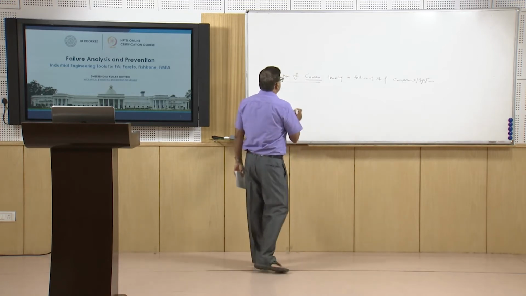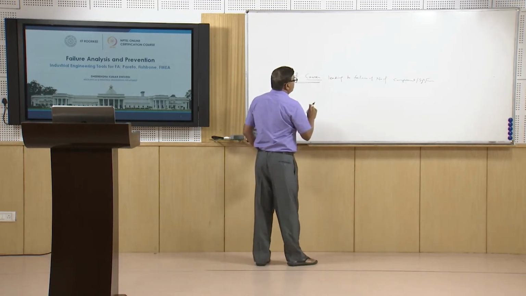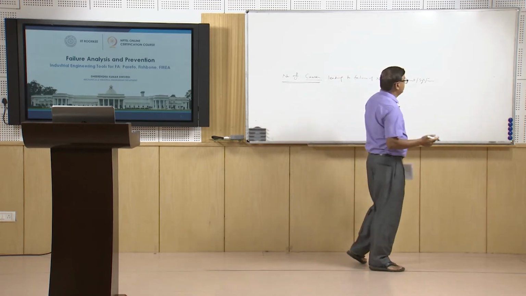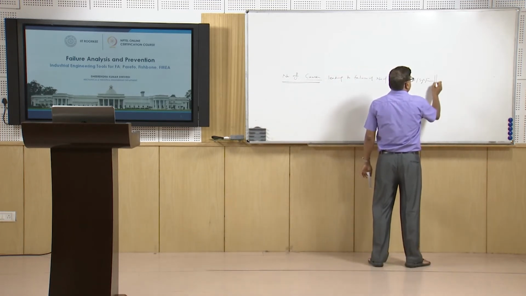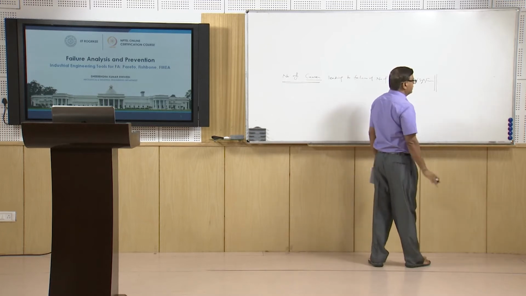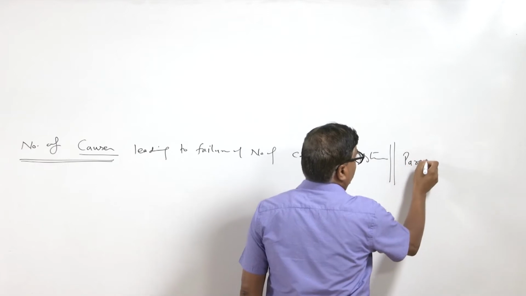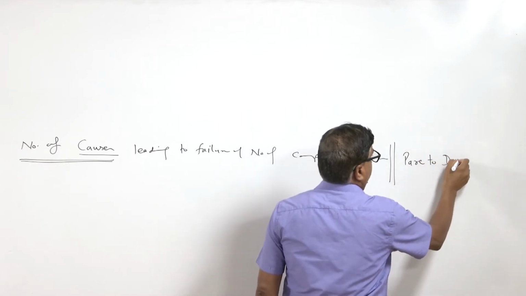When the number of causes is large, to find those which are really significant and important for the major change in the performance of the product during service, we use one diagram called the Pareto diagram.